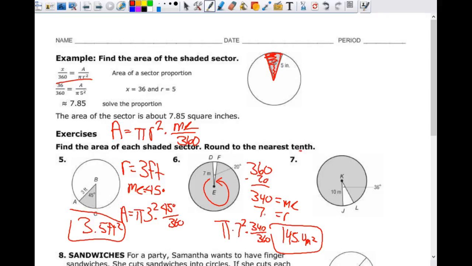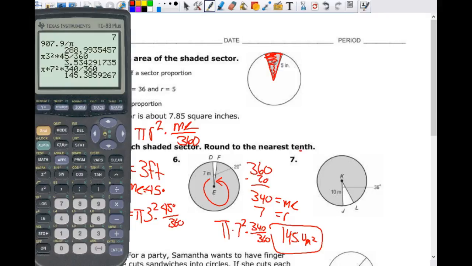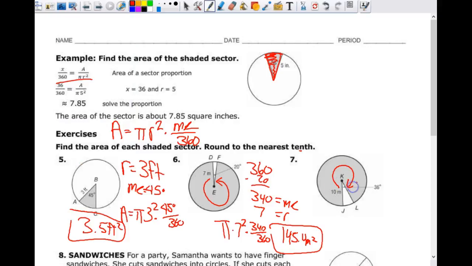All right, this next one, very similar to 6, pretty much the exact same problem except for different numbers. I want you to do this one on your own. Okay, you find the area of the shaded part. So it has to be 360 minus 36, 324.